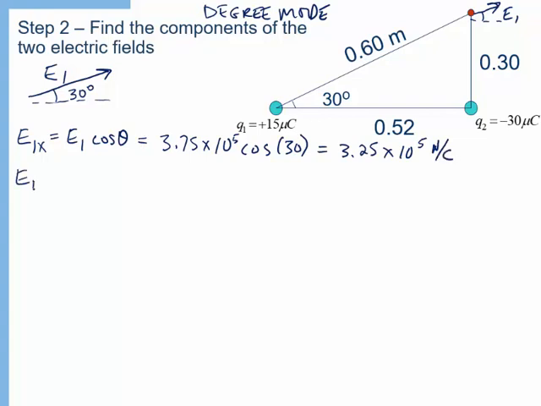Our y component would be E1 sine theta. And I'll just let you know what I got when I did it. I got 1.88 times 10 to the fifth newtons per coulomb. So those are the components of E1. Now E2 is easier. E2 is straight down. And so we don't really have to do any math, but we do have to be a little bit careful.